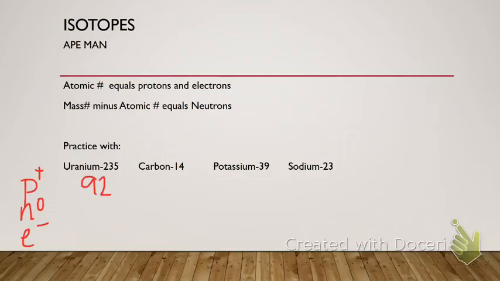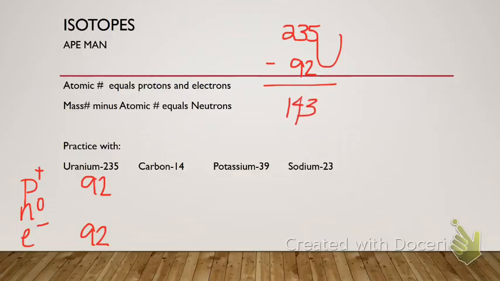This is an electrically neutral atom, so how many electrons do I also have? 92. So in order to determine the number of neutrons, watch this. If I write it like this, which is the other way that we can write an isotope, it's like a built-in little subtraction problem right there for me. Isn't that nifty? So I would have 143 neutrons.